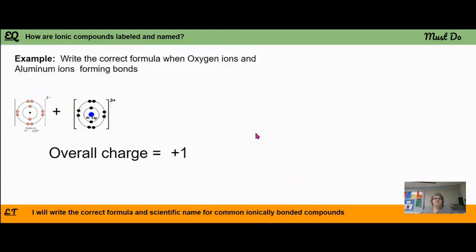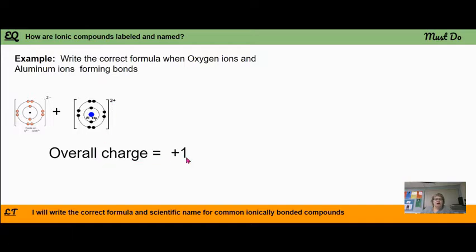Okay, so let's look at an example. Write the correct formula when oxygen ions and aluminum ions form bonds. So I have aluminum and I have oxygen, right? An aluminum ion is a +3 ion and oxygen is a -2 ion. And remember, if I add those together, I get -2 and +3.